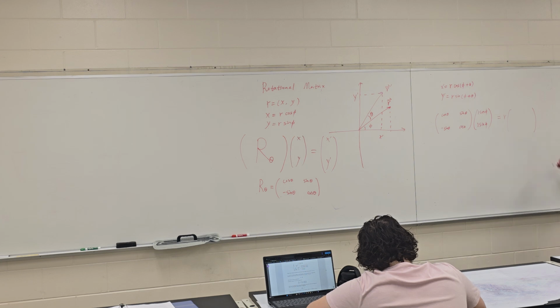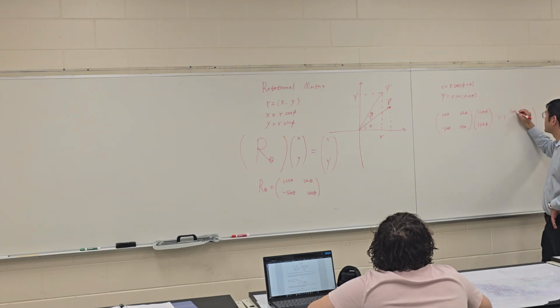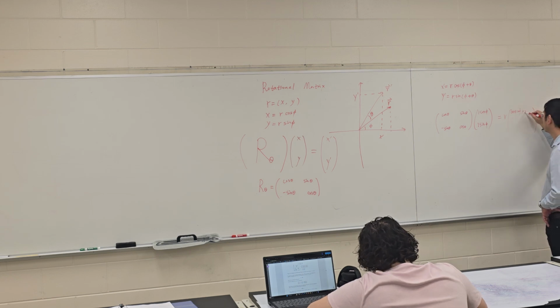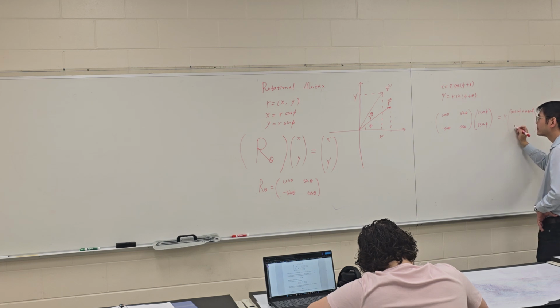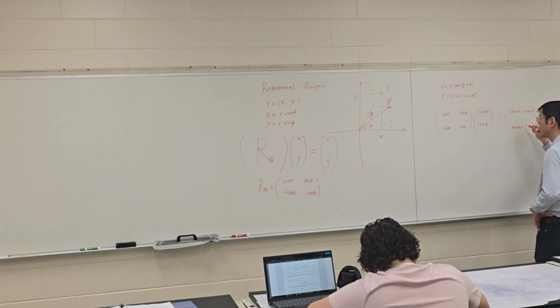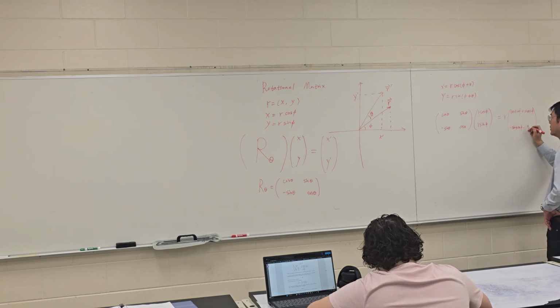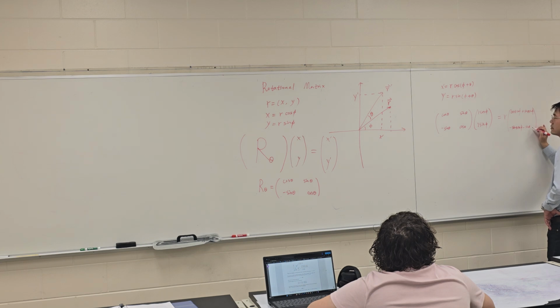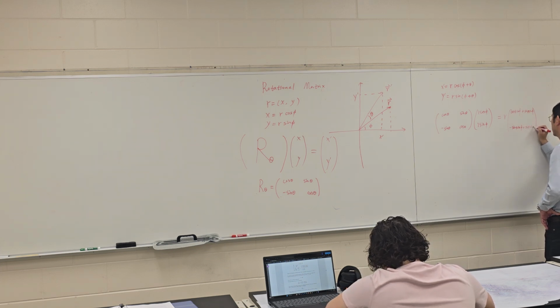So when you do the multiplication, you get cosine theta cosine phi plus sine theta sine phi, and then minus sine theta cosine phi, minus sine theta, that's cosine theta sine phi.